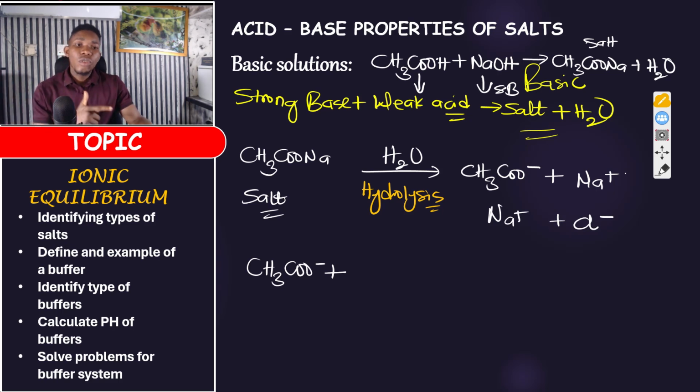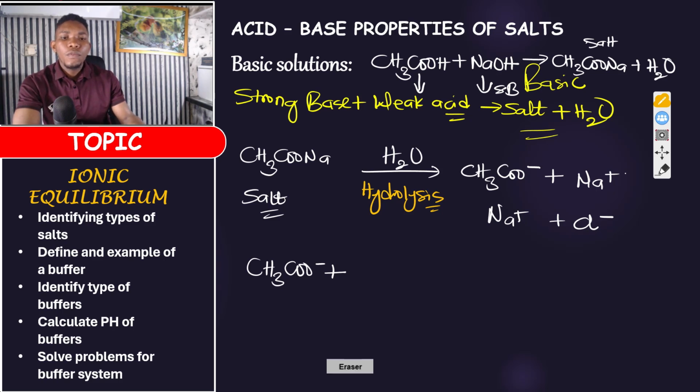And I told you that this sodium ion and this Cl negative ion cannot be hydrolyzed to give us either H plus or OH negative. It cannot be hydrolyzed to give us H plus or what? OH negative.